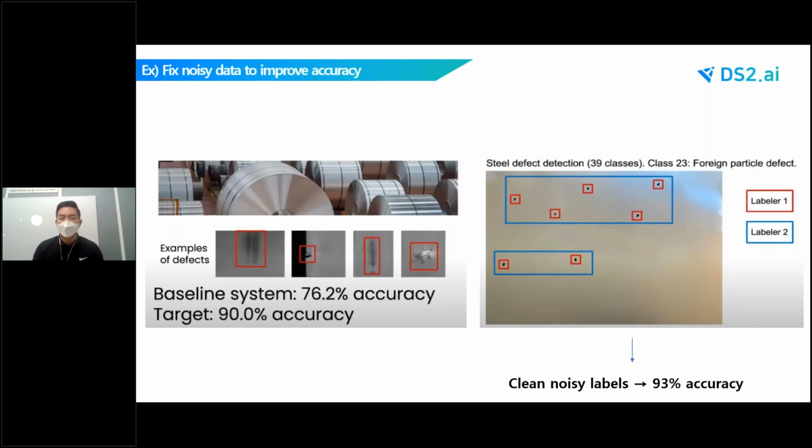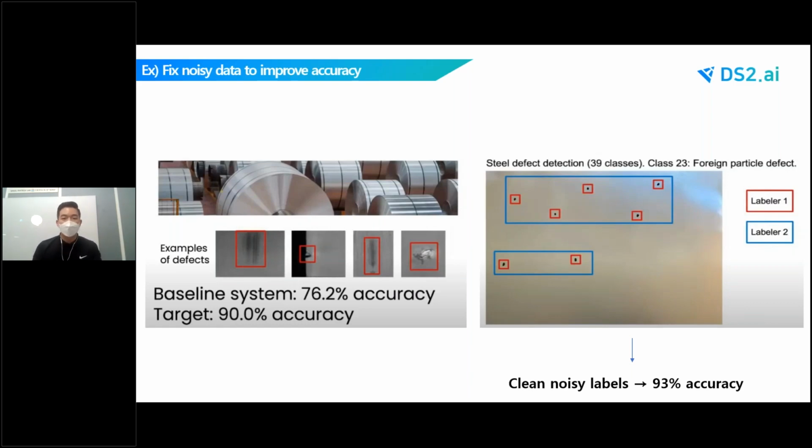And at this time, about 76.2% of the baseline system could be manufactured using the finely adjusted hyperparameters, but this was far from enough to completely detect the defective products.